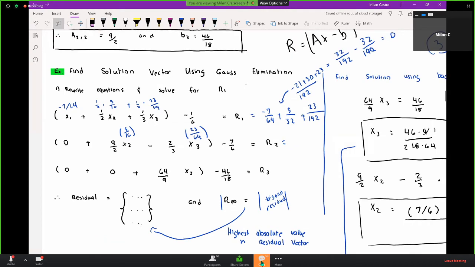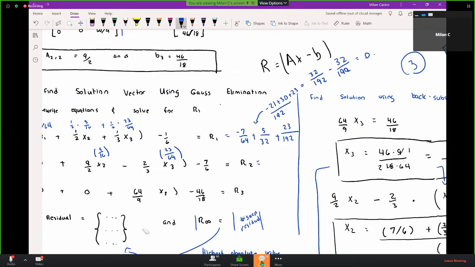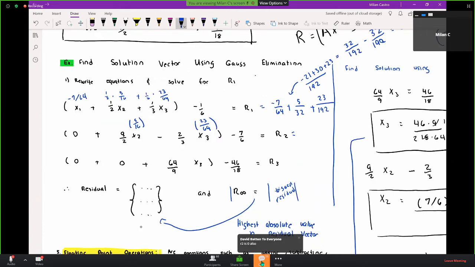If we had rounded, we would have had more decimal places in here. Since we did it analytically, our residual should be 0, but if we had done it on a computer, it should be some sort of number.